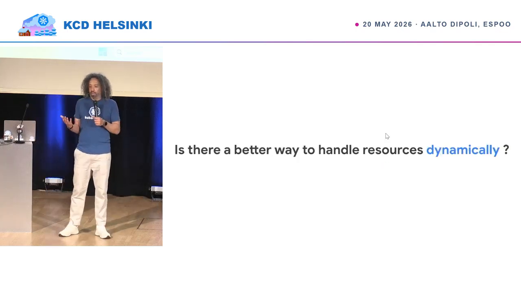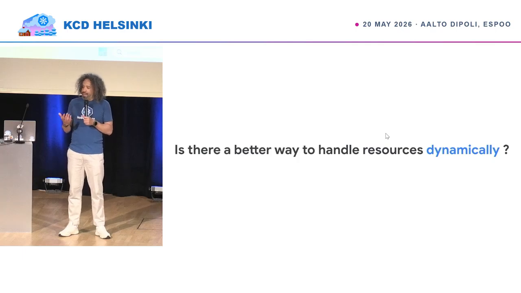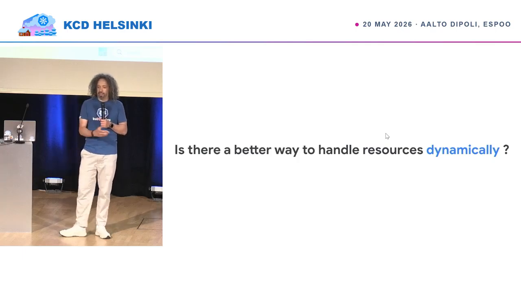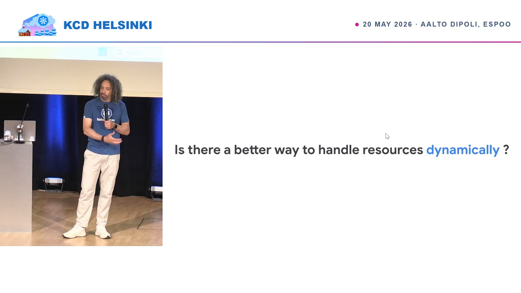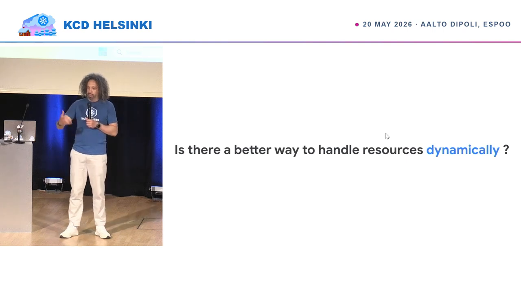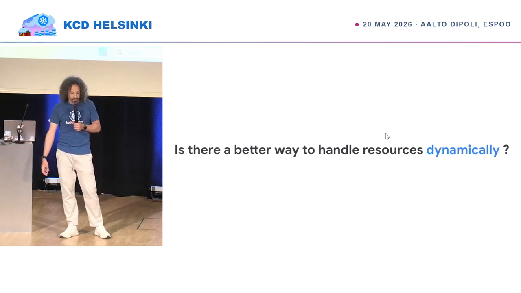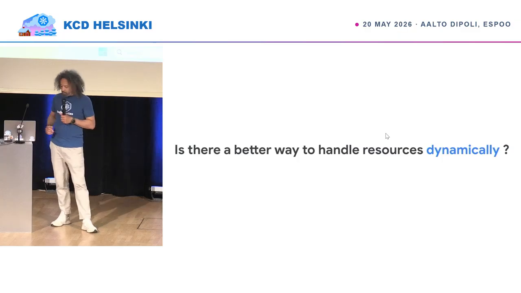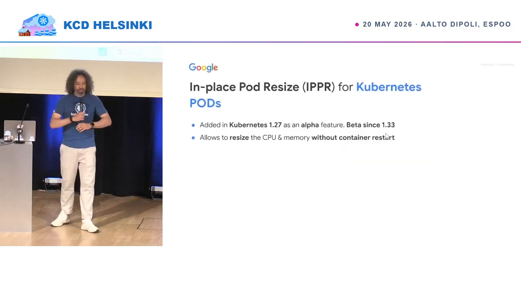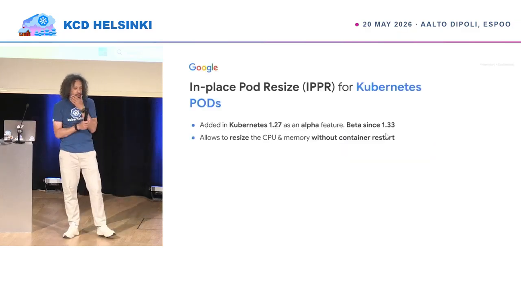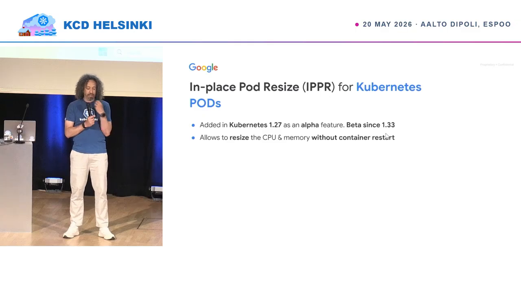Historically, it has not been possible to resize a pod live. If you wanted to resize it, you had to kill it, edit the requests and limits, and then redeploy it. That's not the case anymore since Kubernetes 1.27, which introduced In-Place Pod Resize, IPPR.